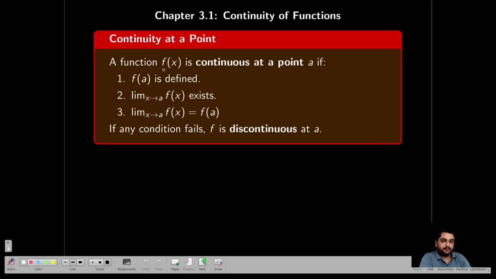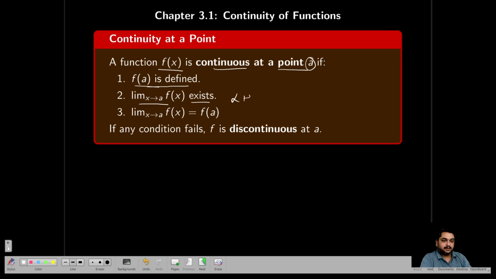A function f of x is continuous at a point A if and only if it satisfies all of these three conditions. First, f of A is defined. That means when I put the value A in that function, we get a definite value, not an undefined value. Second, the limit as x approaches A of f of x exists.